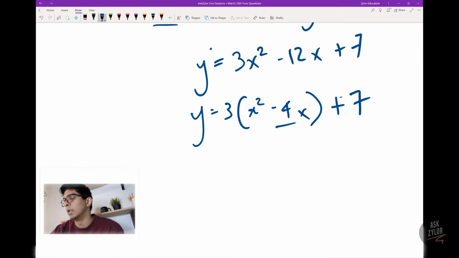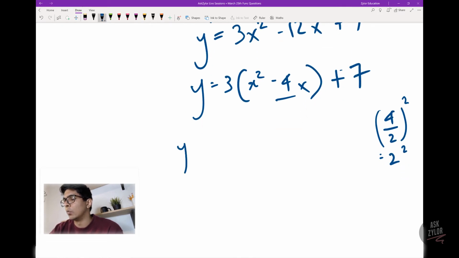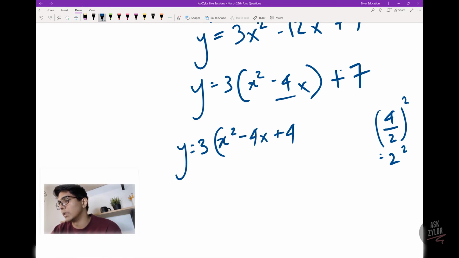Then for the 4, I'm just going to divide it by 2 and then square it, to give me 2 squared. And then y is going to equal 3(x squared minus 4x plus 4). Again, if I introduce a number, I need to introduce the negative number so that I don't change my expression.